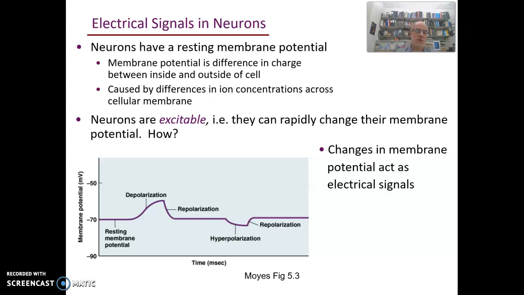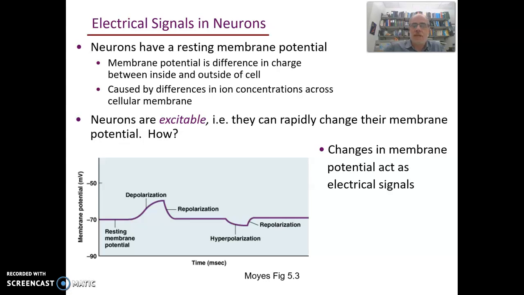In this figure, you can see that there is a reduction in membrane potential, and we call that a depolarization, as the membrane potential moves from resting membrane potential towards a less negative value, or towards zero.